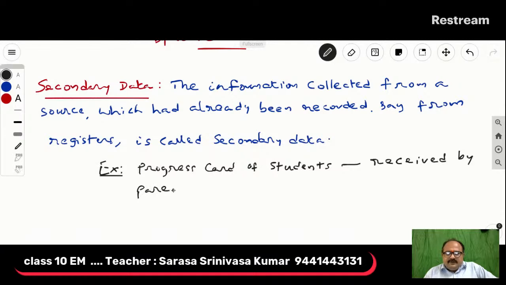This progress card is actually prepared in the school by teachers, and all this information is recorded in the registers of a school.